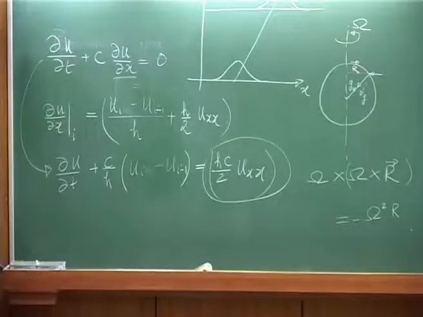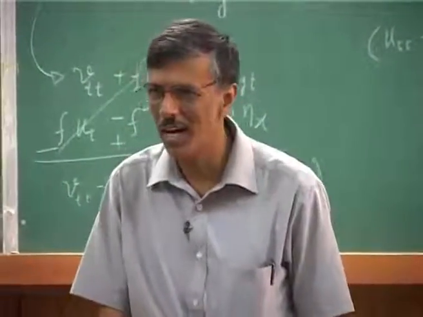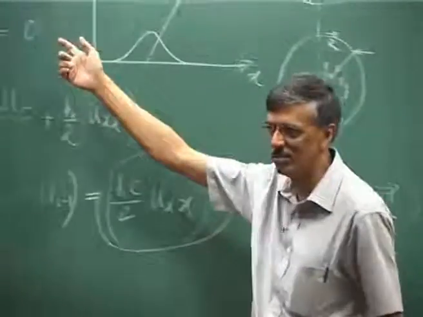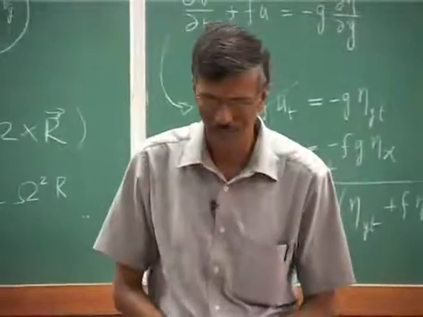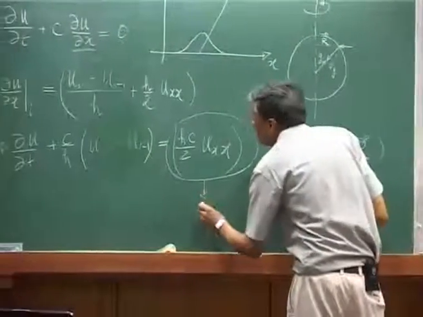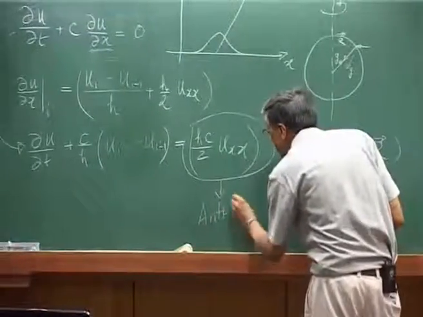What does it do physically? What will it do? Yeah, instead of attenuating, it will amplify, and you would have disaster in your hand, right. So, you see, even for a simple equation like this, you need to know how to choose your strategy. Okay. Now, you can see that, because of this minus sign, I will call it anti-diffusion.